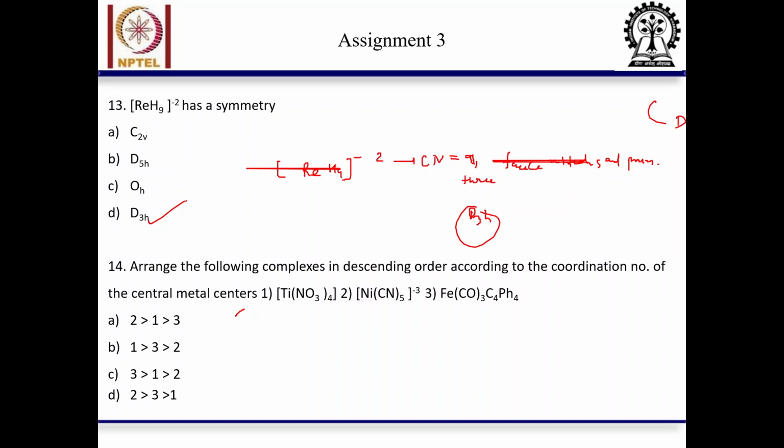We have to write in the descending order.